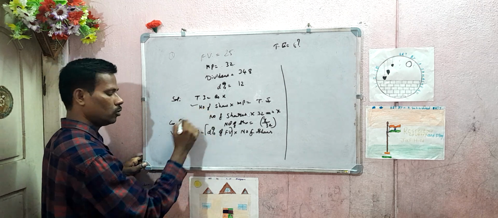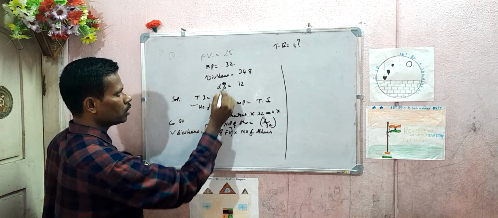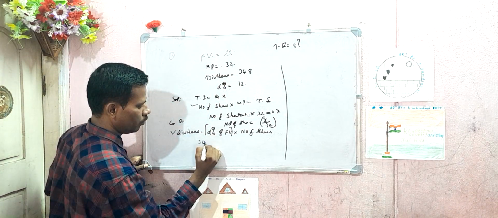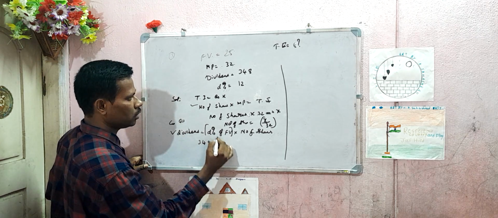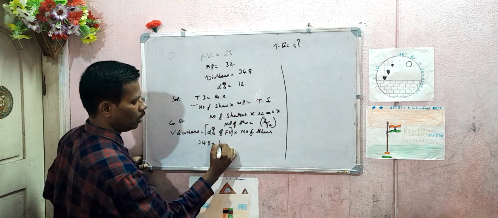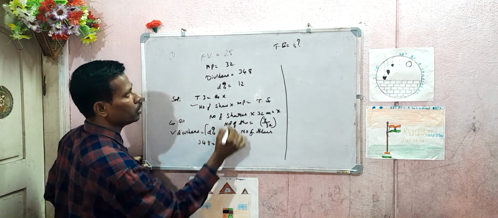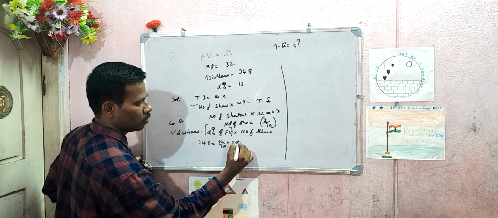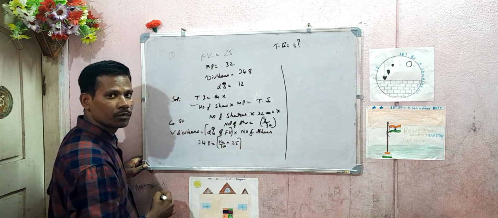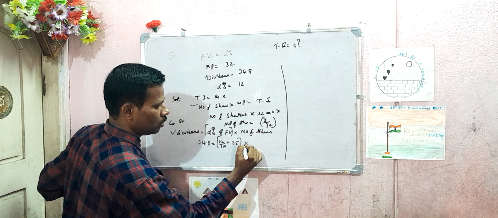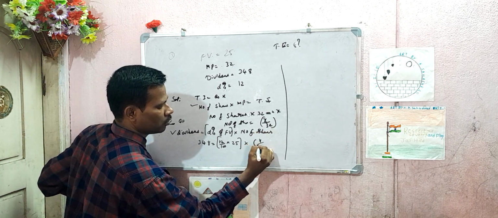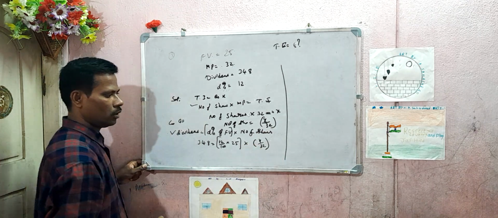Here you need to use two formulas. What is dividend given? 348 is equal to discount percentage, which is 12, 12 by 100 into face value of each one into number of shares, X by 32.